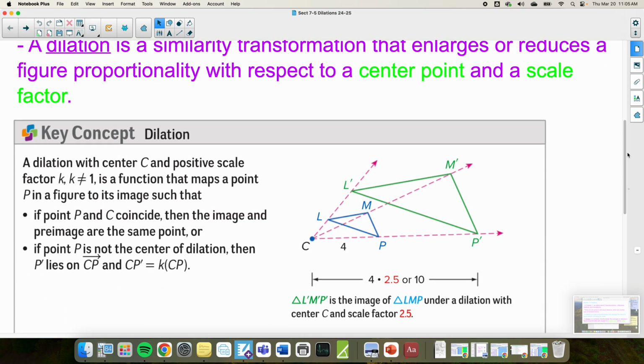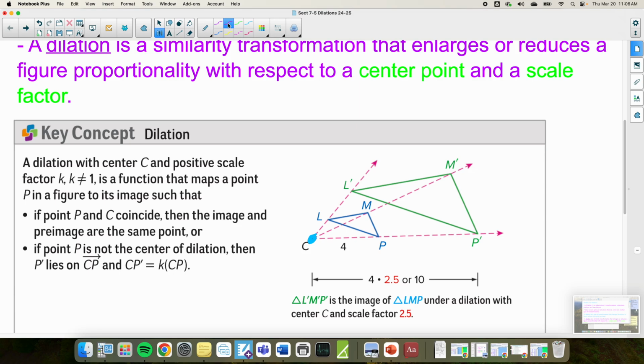So when we look at a dilation, we need to know two things. One thing we need to know is what is the center at which your dilation is going to be about. And then you also need to know what the scale factor is.